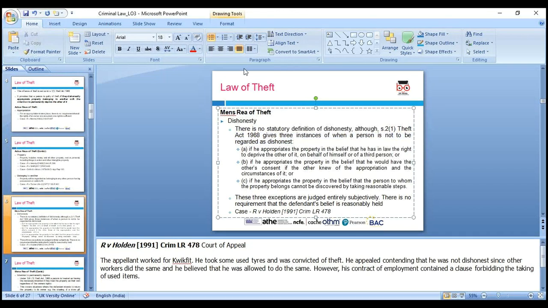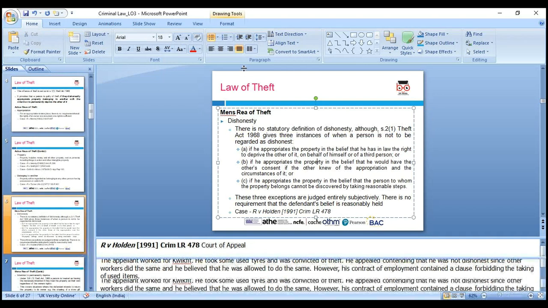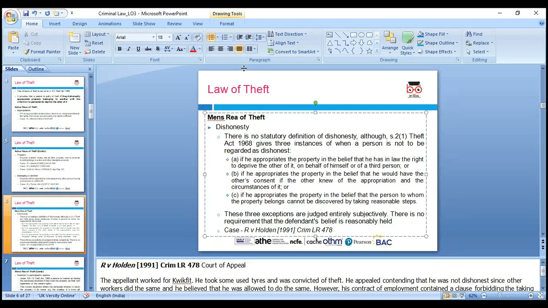So there are three instances when a person is not to be regarded as dishonest: if they appropriate the property in the belief that they have in law the right to deprive the other of it, on behalf of themselves or a third person; if they appropriate the property in the belief that they would have the other's consent if the other knew of the appropriation and the circumstances; or if they appropriate the property in the belief that the person to whom the property belongs cannot be discovered by taking reasonable steps. These three exceptions are judged entirely subjectively.